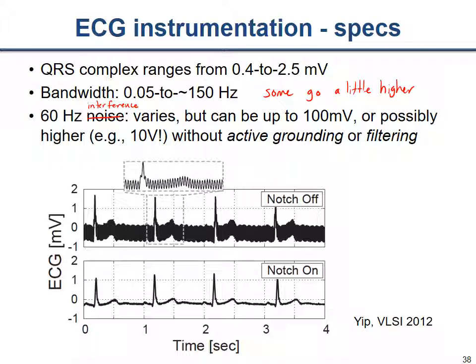In fact, it's actually a very useful experiment. If you just go up to an oscilloscope and touch one of the leads there, you will see a significant amount of 60 hertz on there if you don't do a specific job of filtering or actively grounding yourself.